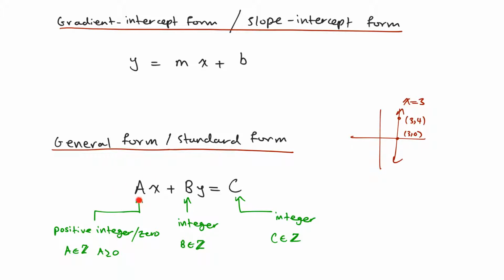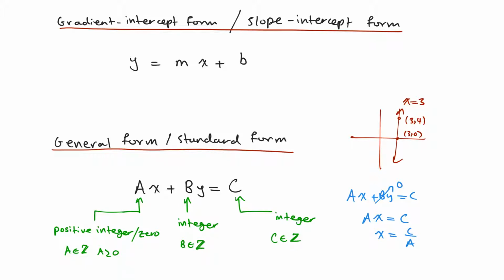Note that in this form of equation, if you let the b value equal 0, then you get ax is equal to c, and you can see that x will equal c over a.